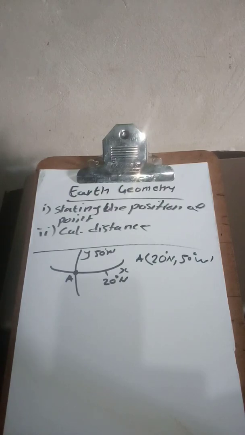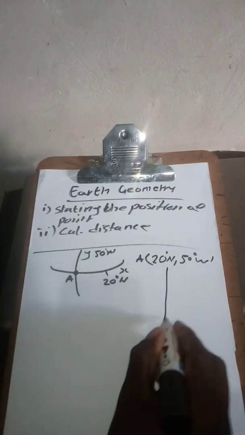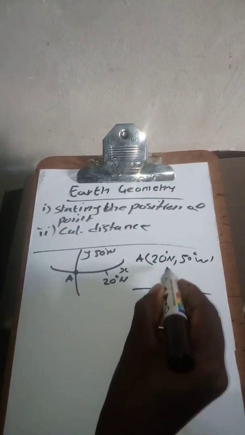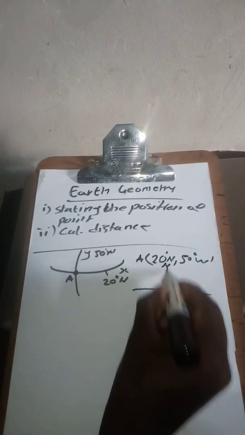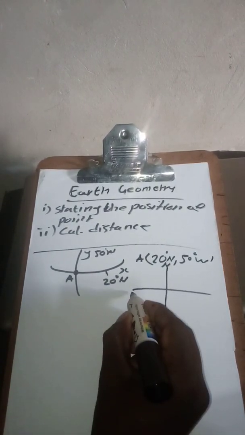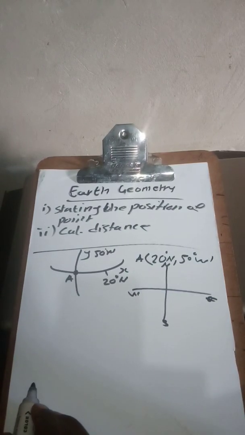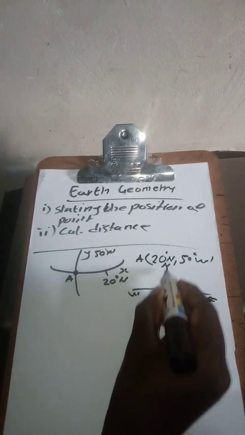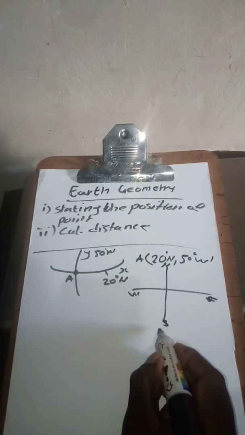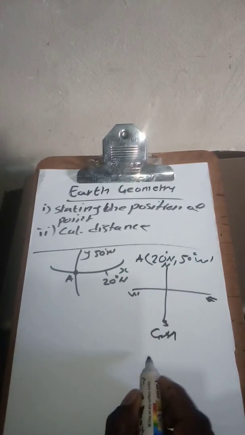Another thing that we need to keep in mind is that the latitude is either north or south, and the longitude is either east or west. It's more like when you draw this: this is north and this is south, this is west and this is east. This line we can call the GM, the Greenwich meridian.